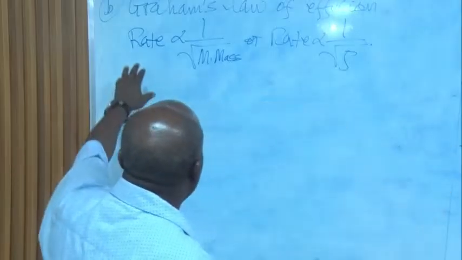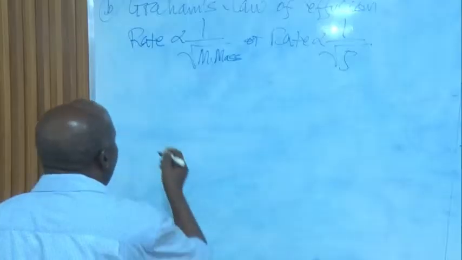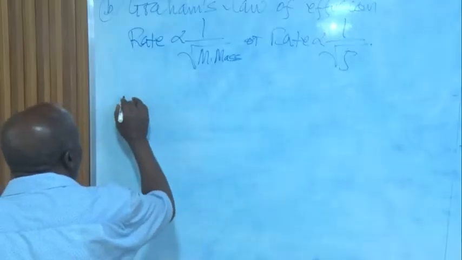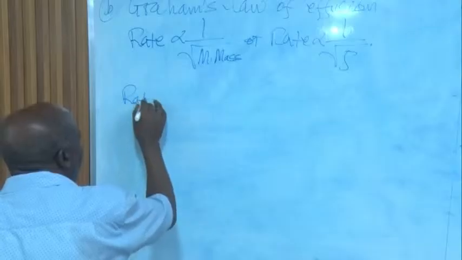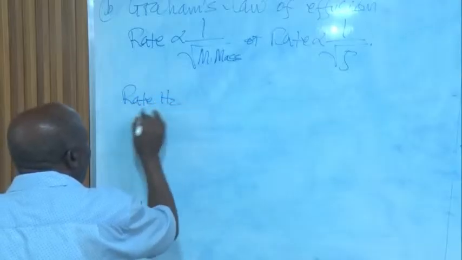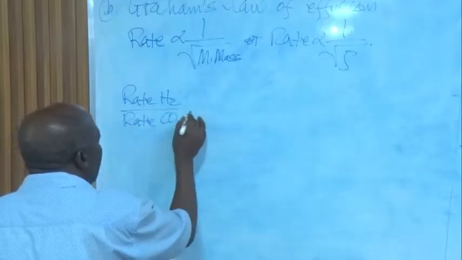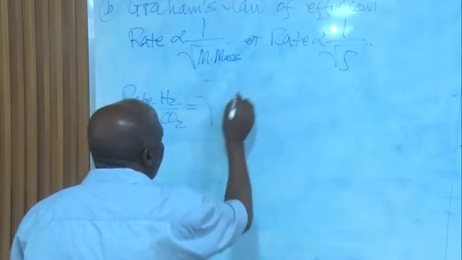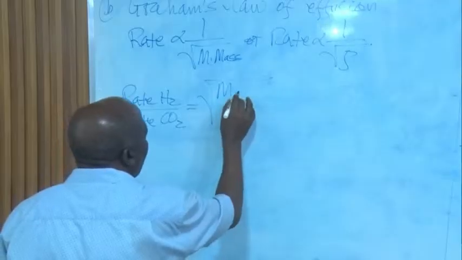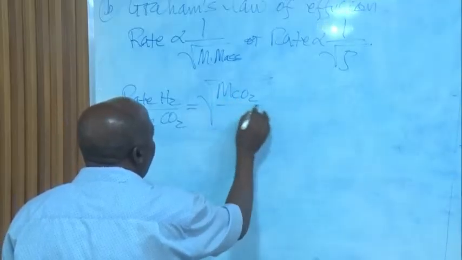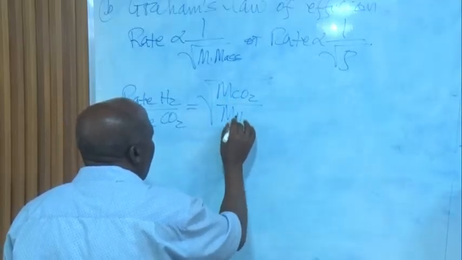According to Graham's law, we apply the formula: the rate of effusion of hydrogen gas divided by the rate of effusion of carbon dioxide gas is equal to the square root of the molar mass of carbon dioxide divided by the molar mass of hydrogen.